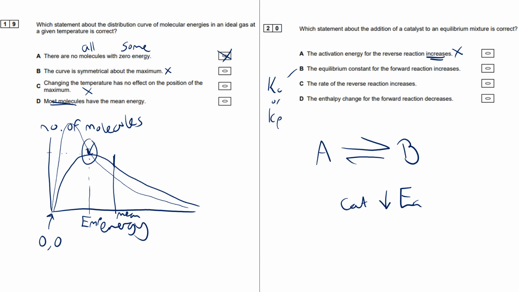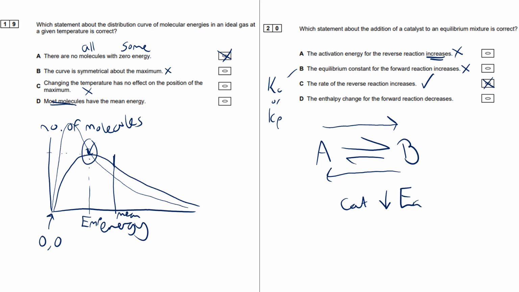Kc or Kp are only affected by changes in temperature, so a catalyst would have no effect on the equilibrium constant. Does the rate of the reverse reaction increase? It does. It also increases the rate of forward reaction. So a catalyst increases the rate of the forward and reverse reaction by equal amounts. So statement C is the correct one.